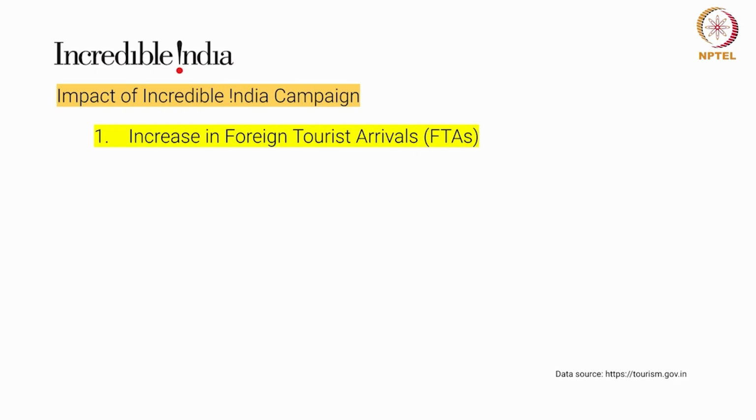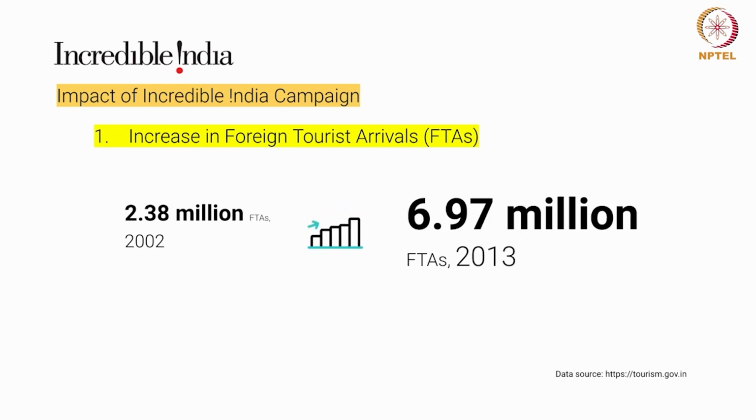If you see the increase in foreign tourist arrivals, also known as FTAs, it started with 2.38 million in 2002, and you can see a very strong jump by 2013, when it was approximately 6.97 million. It's a huge leap in a very short period of time.